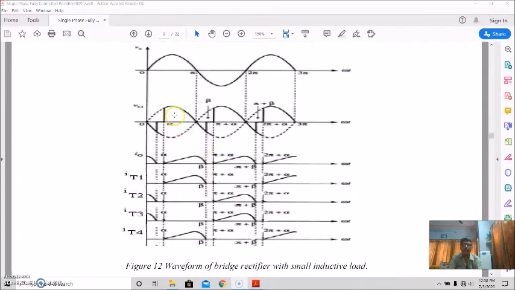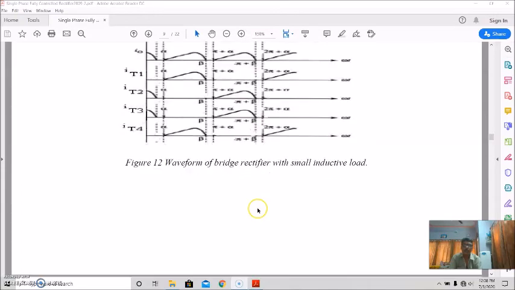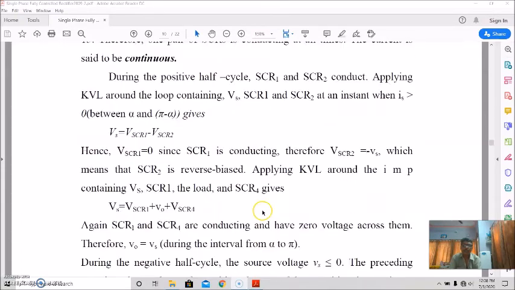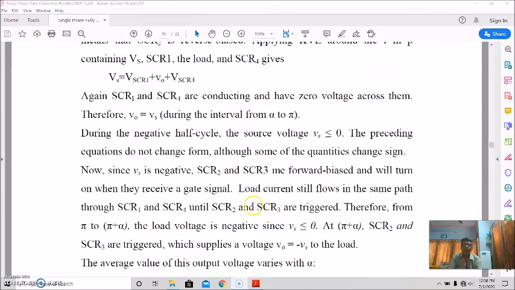So from this, during the negative half cycle, the source voltage is negative, Vs is less than or equal to 0.